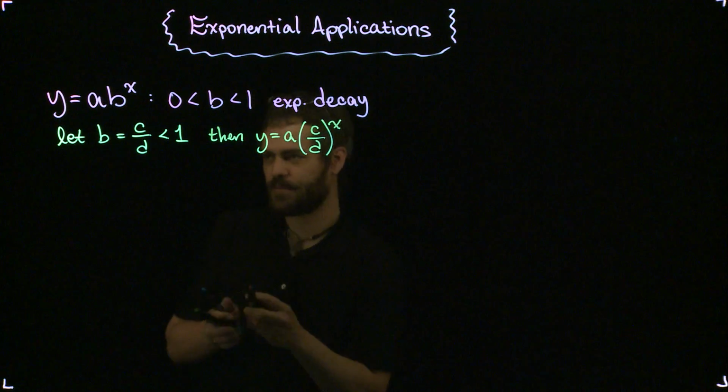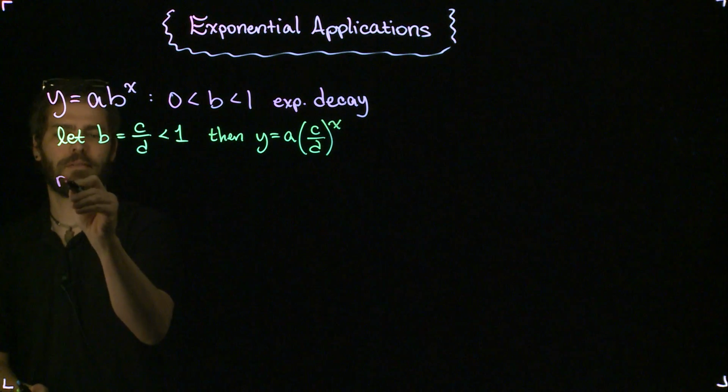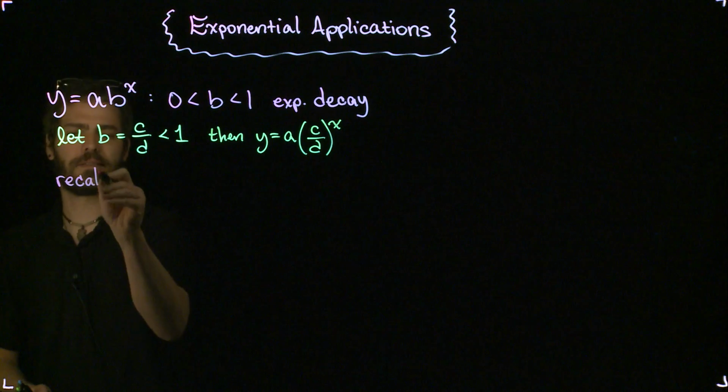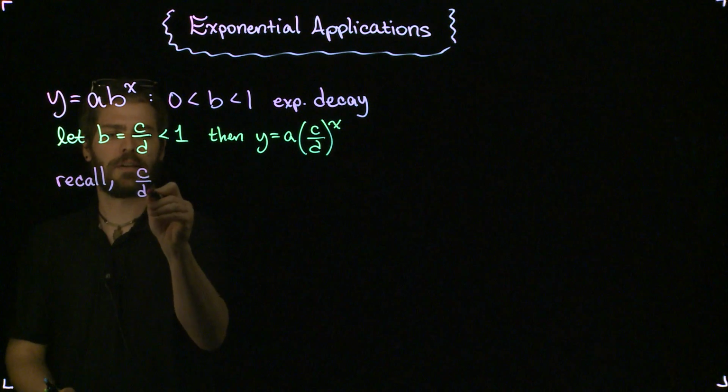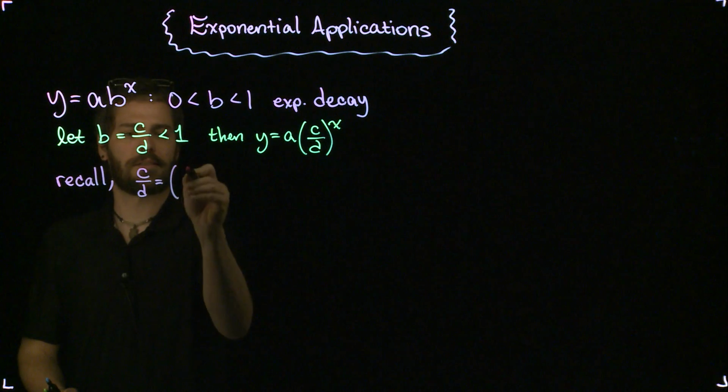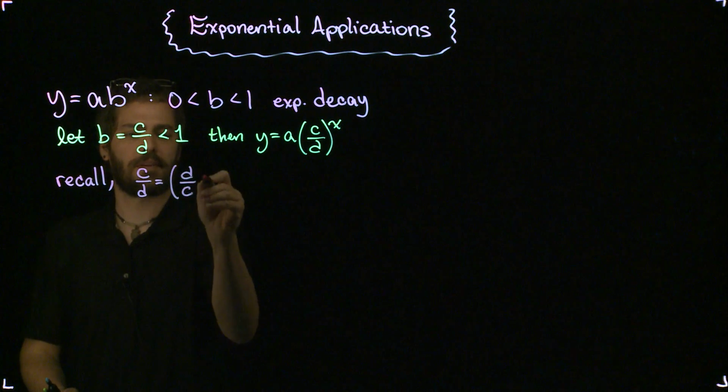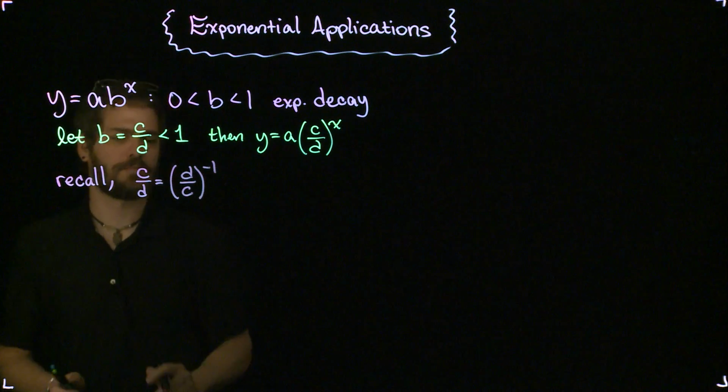Now recall from our other exponential lessons that c over d is the same thing as d over c to the negative 1 power.